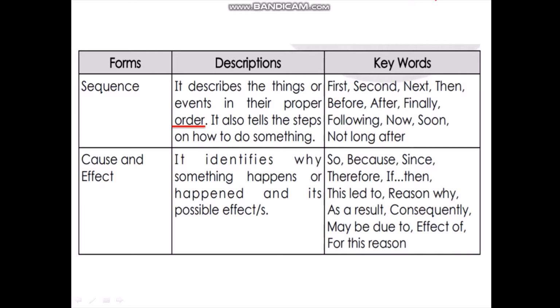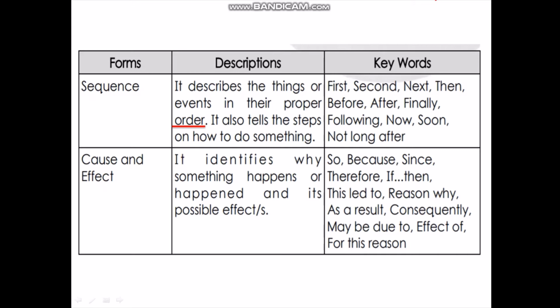Example, how to wash clothes. The first one, you need to separate the white clothes from the colored clothes. Second, soak the white clothes first, and after that, you wash them. After all of the white clothes are done, next, you put in the colored clothes, soak them, and then wash them.